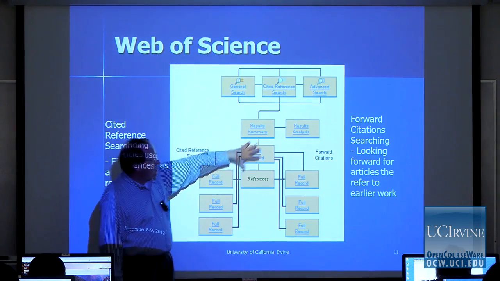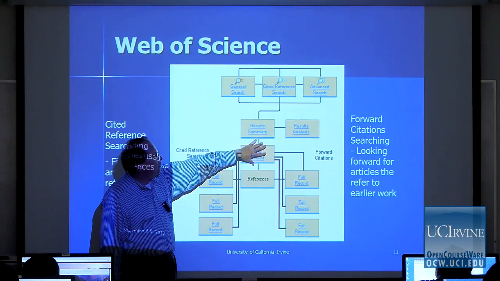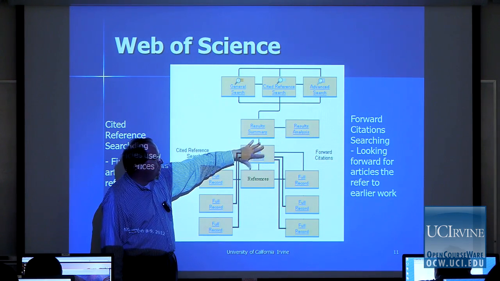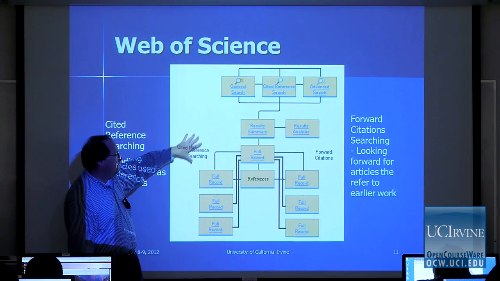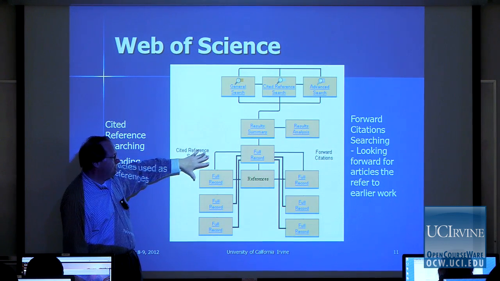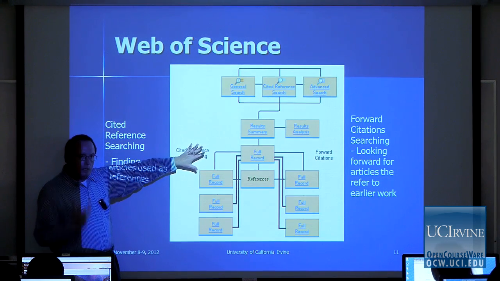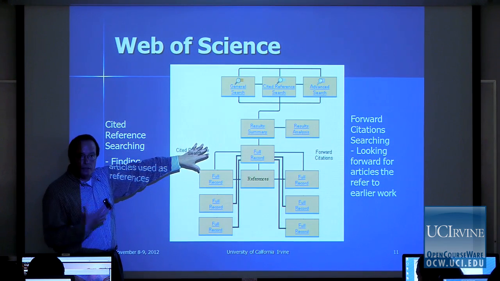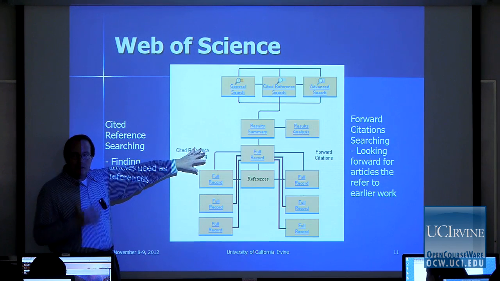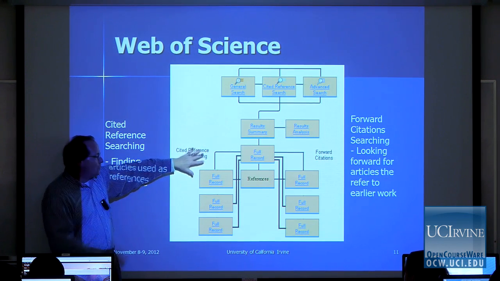Like a lot of databases, we're looking for a paper. But within that paper, there are things we can do to narrow that. We can look at cited reference searching. So I write a paper. I refer to 14 other papers as source material. I want to fully attribute any idea that's not my own to the original source.